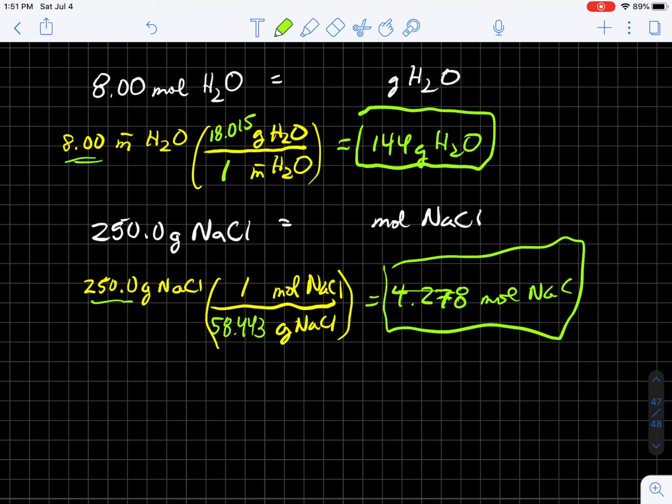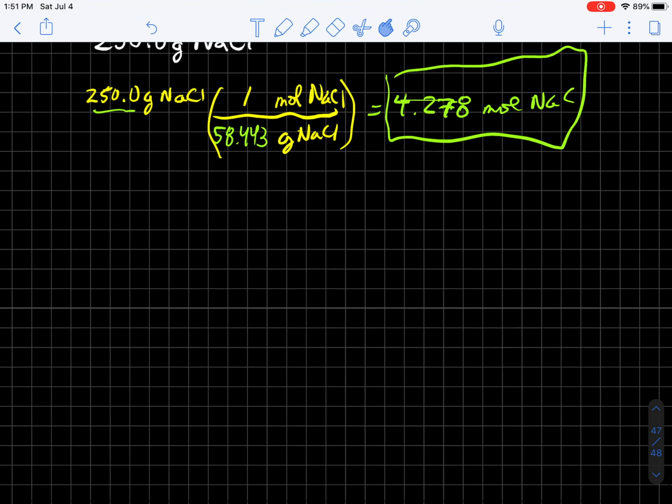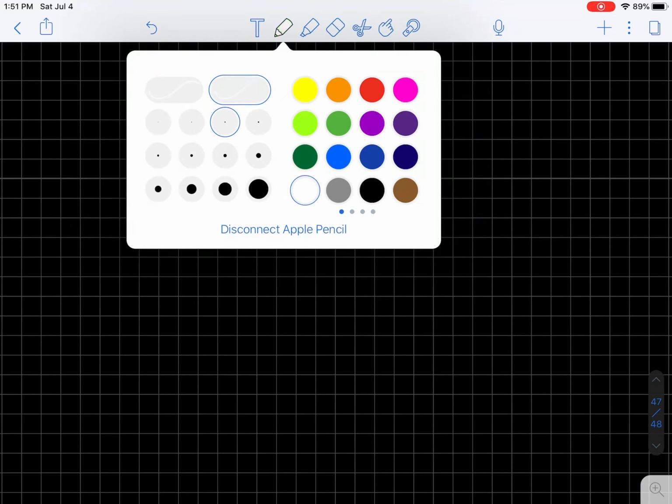All right, what if, for some ungodly reason, and I don't think this is a very important calculation, but every chemistry course teaches it, college professors expect you to know it, etc. What if we had 1.67 moles of water?